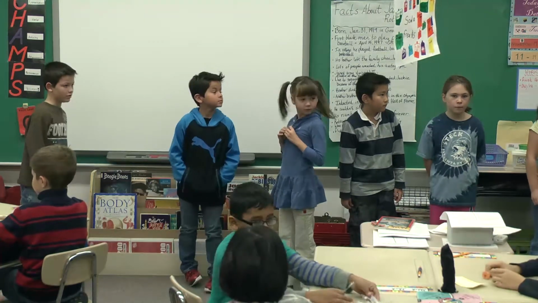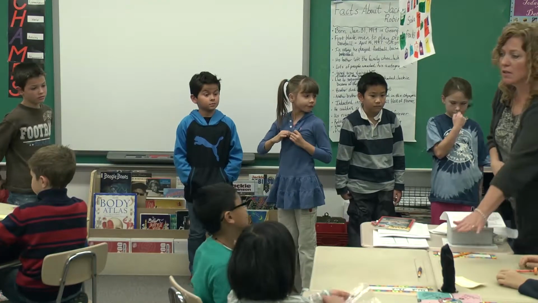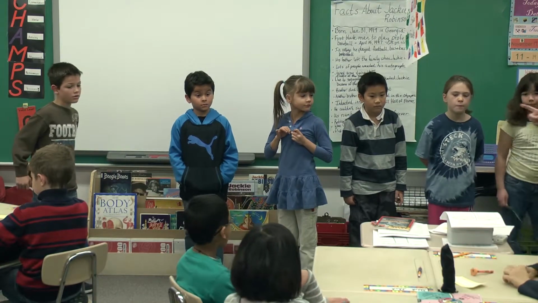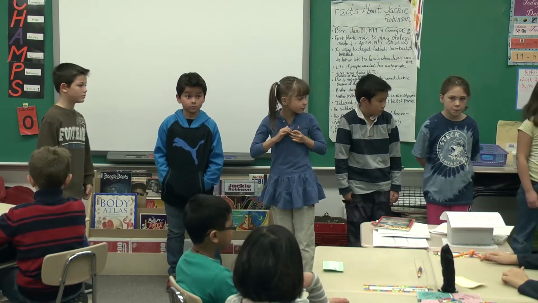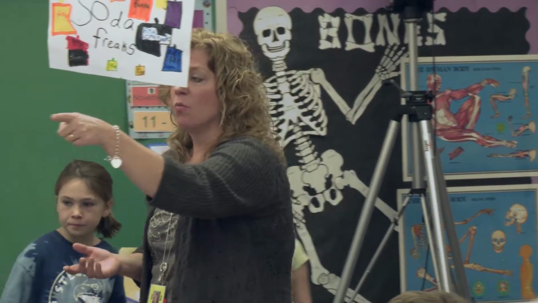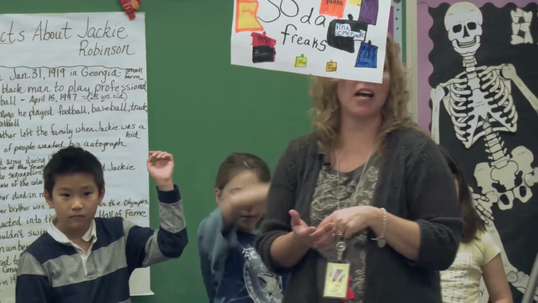Yeah. And let us just remember that in that book, we learned about something that was going on in that time period in the country that made that hard. What was that called? Those of you out here, what was it called in that time period in our country?